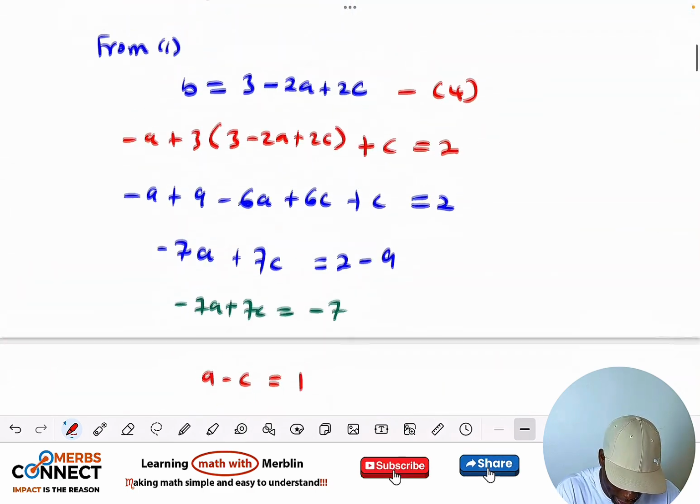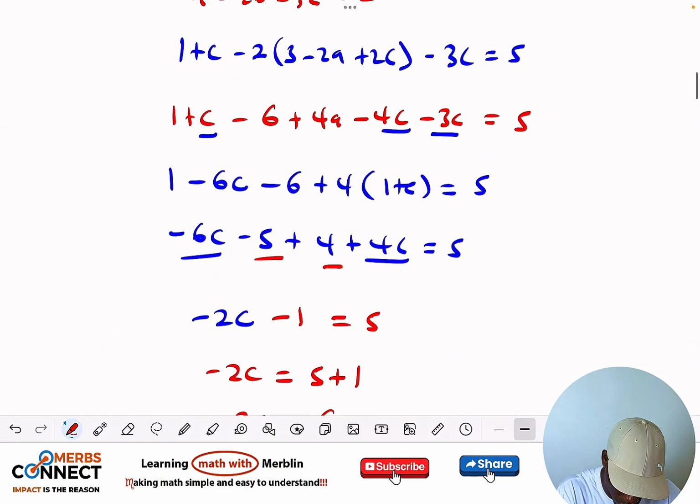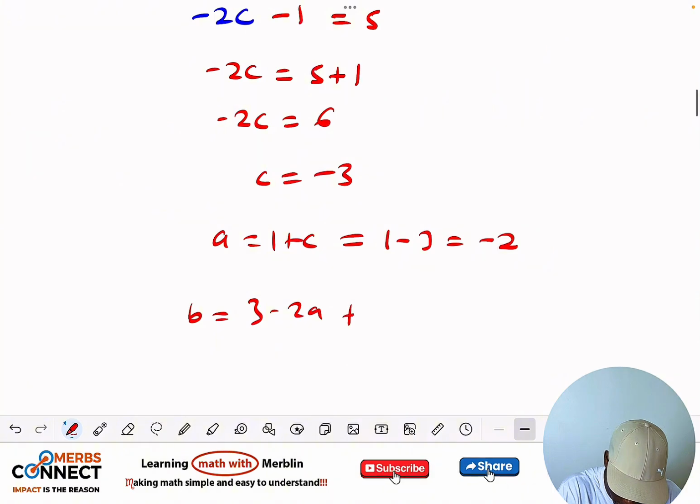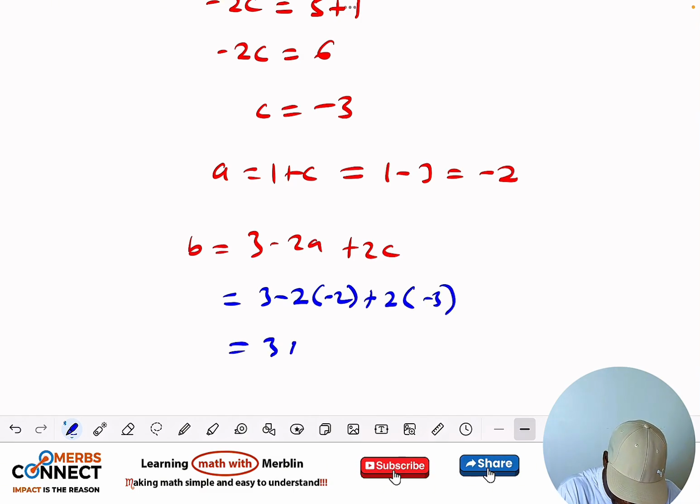And then we had b is equal to 3 minus 2a plus 2c. So let's plug them in. B will be 3 minus 2 times minus 2, plus 2 times minus 3. And this is going to be 3 plus 4 minus 6.